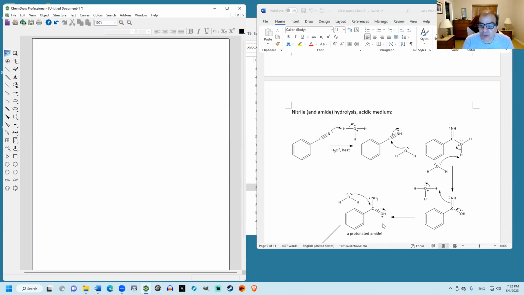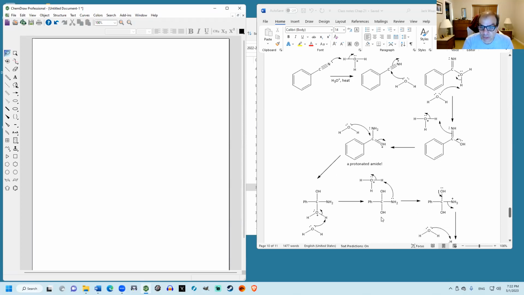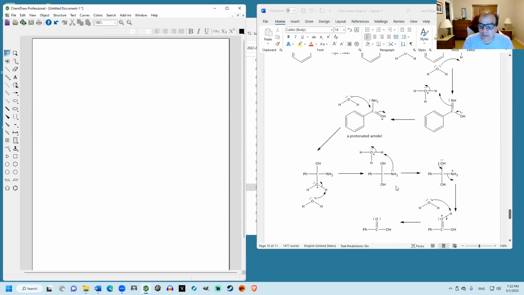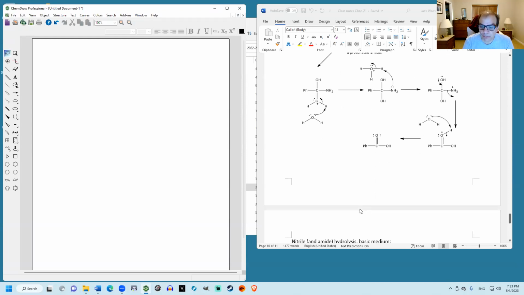Well, the first thing you would do in acidic solution is protonate the carbonyl oxygen. And then from here on in, it's just like hydrolyzing an ester. Main thing to watch out for is protonation of the nitrogen, because we want to lose ammonia as a leaving group. And that results in formation of the carboxylic acid.